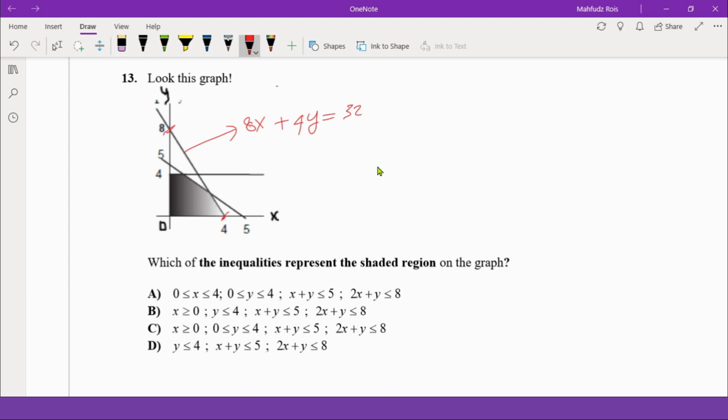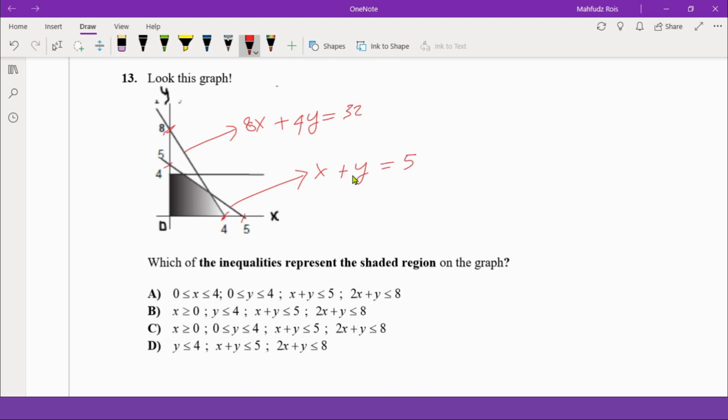All right, and then the second line should be this line. The intersections of the axes are 5 and 5 here, so we can simply write the equation of this line as x plus y equals 5.